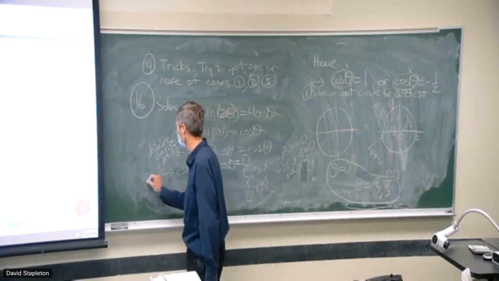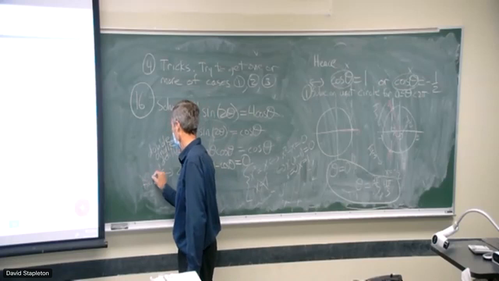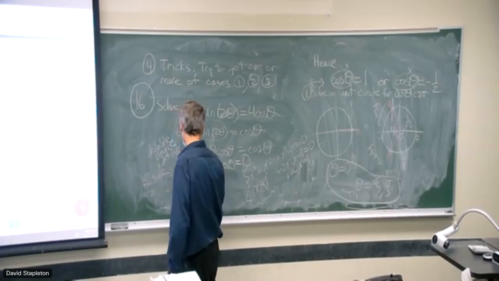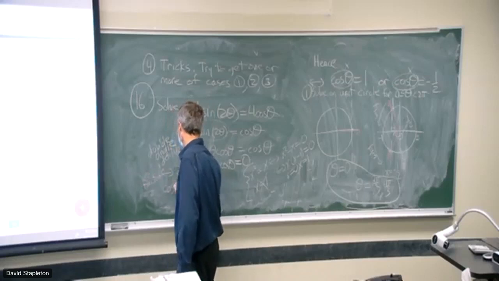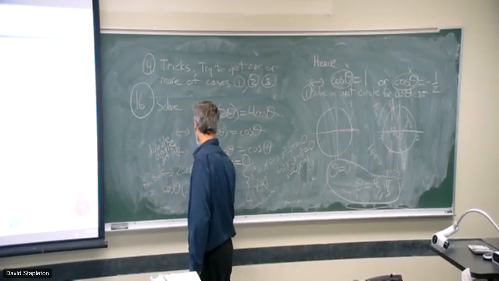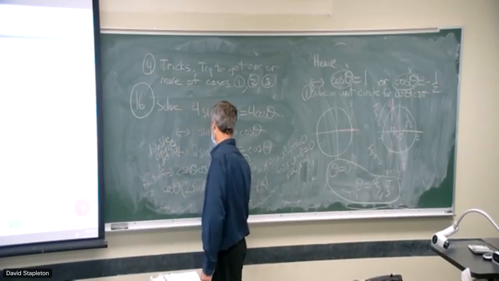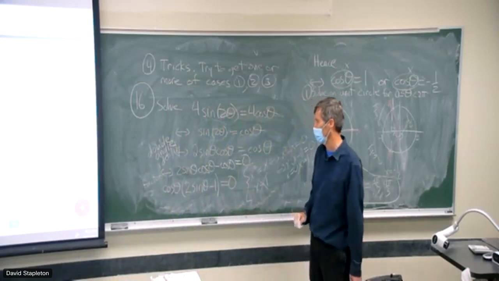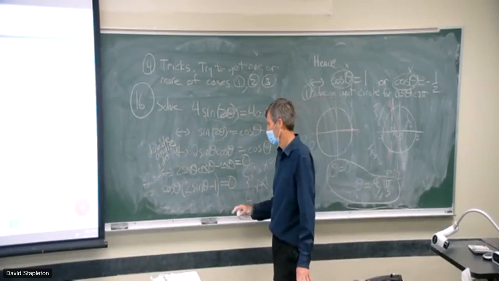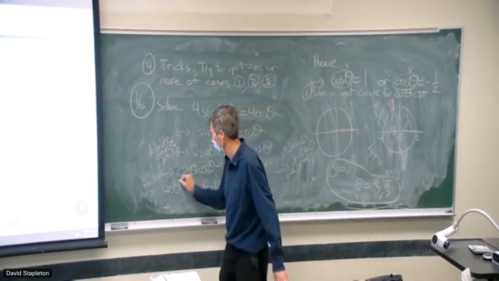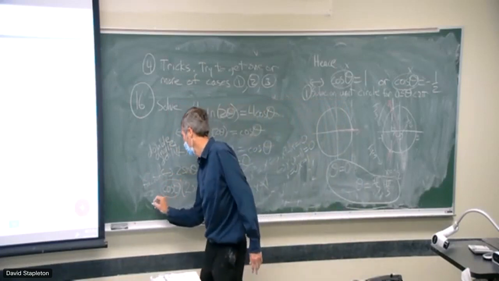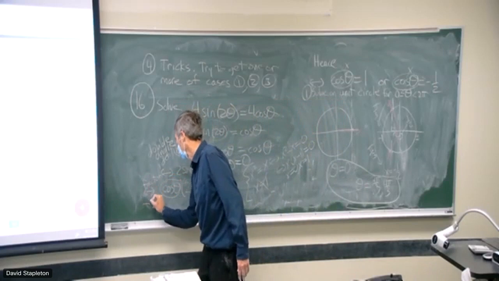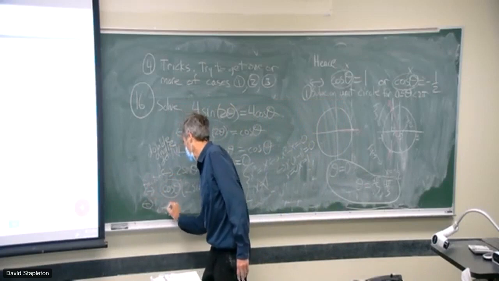We're going to factor because we know there's a common cosine in here. Rewrite this as cosine theta times 2 sine theta minus 1 equals 0. And use the zero product property, right? This product equal to 0 says either cosine theta is 0, one of the factors.